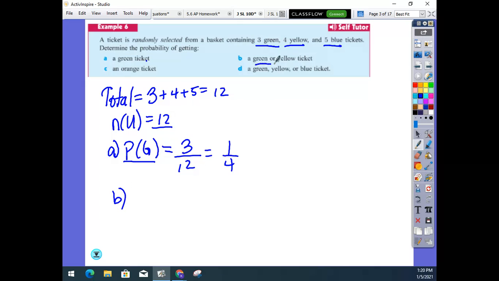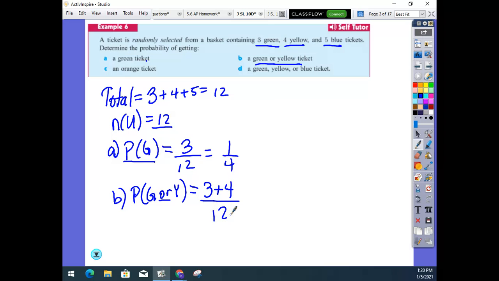Letter B, green or yellow. Or means we're going to add our green and yellow together, because that would be our total success out of our total 12. So 7 out of 12.